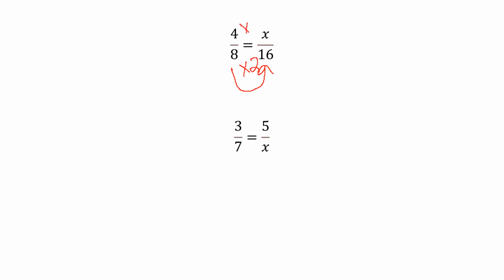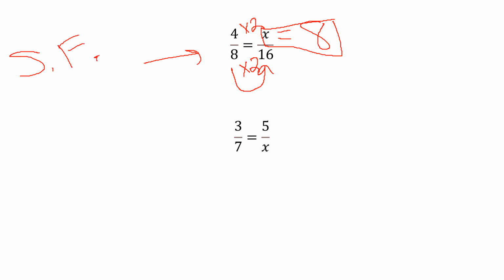And whatever I do to the bottom, I do to the top. 4 times 2 is 8. So in this case, x equals 8. Scale factors are great when they're simple problems. But then you get down here to a problem like this, and I don't know a factor off the top of my head to get from 3 to 5, which means a scale factor is not going to work.